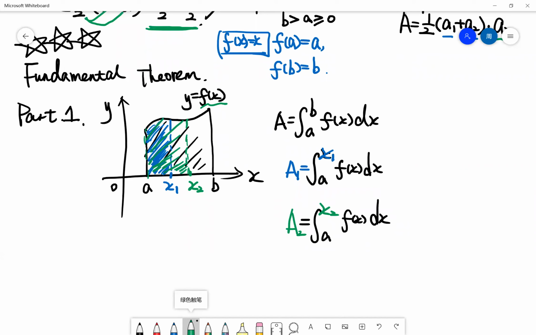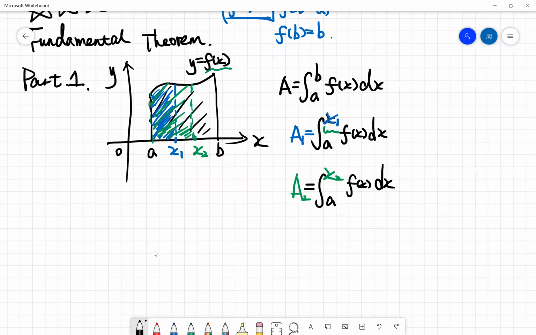So you will find every time I pick a point between A and B, you will get a new area, right? So it is a function. It makes a function with respect to the variable x here. And the result means the area of this region. So here we will get a new function.